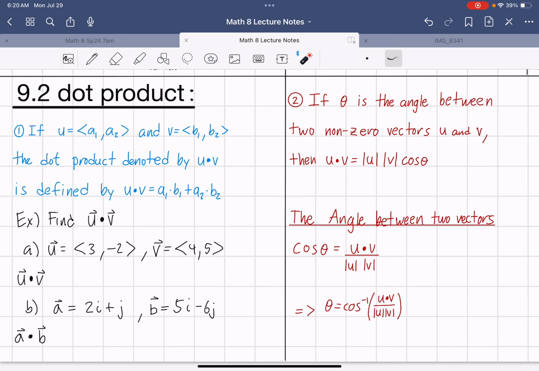Now, what is a dot product doing? The dot product is actually finding the angle that is created by the two vectors in question.